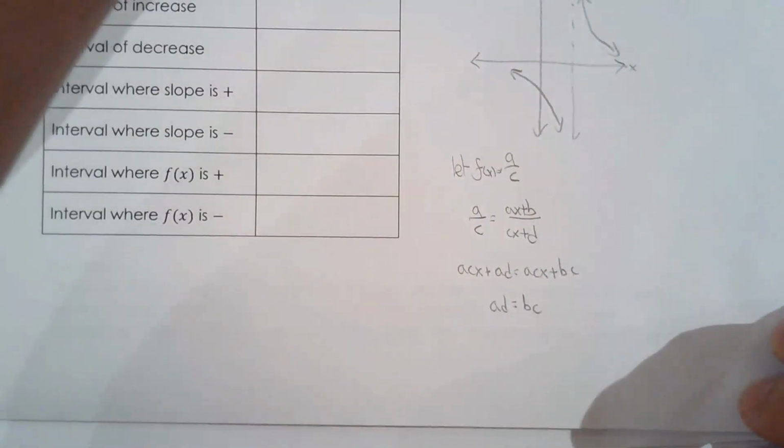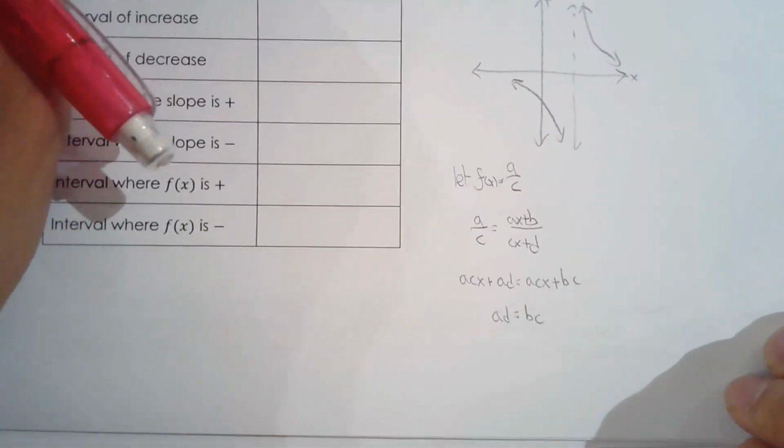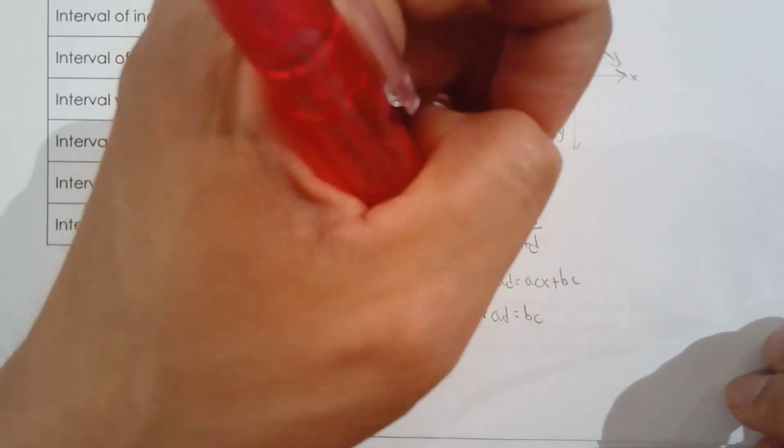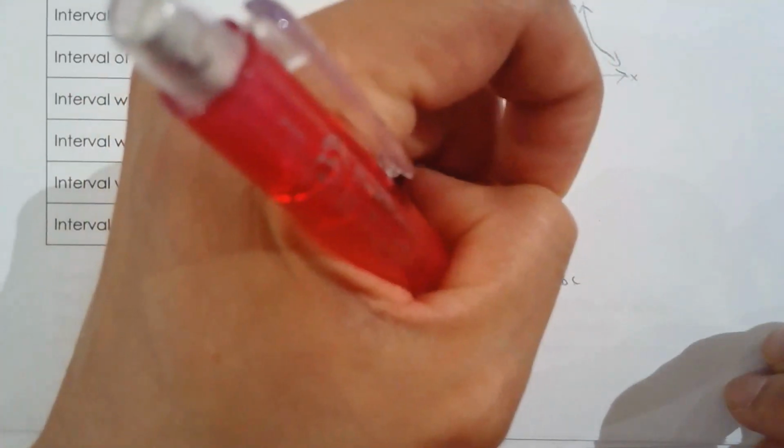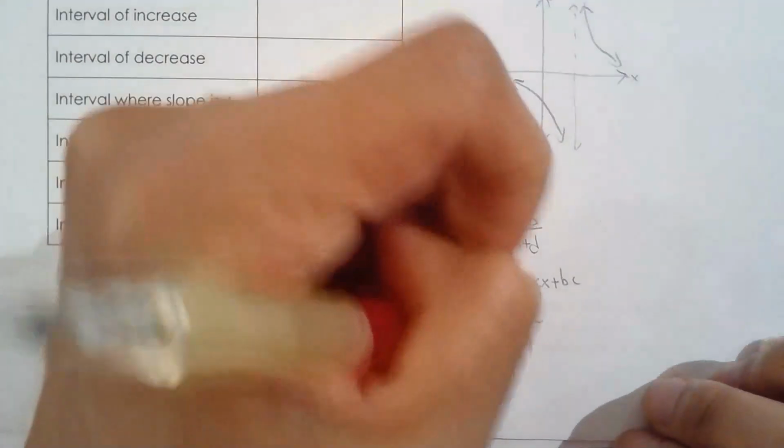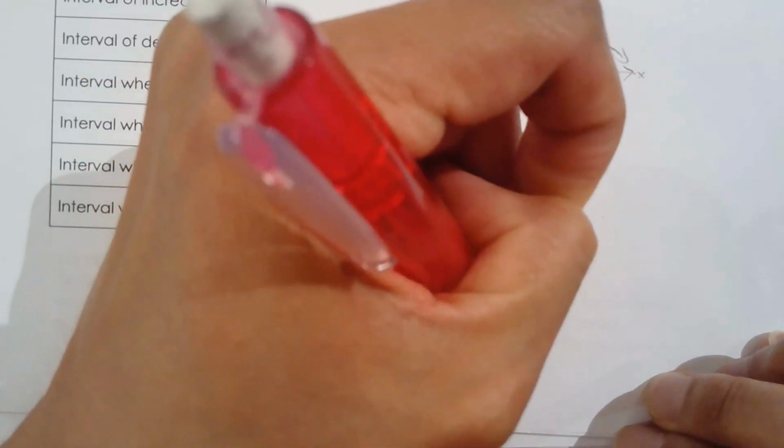So you see the x terms are canceled out. So there is something special to say about it, AD equals BC. But I'll tell you something, if A times D is equal to B times C, then we can say A over B is, oh sorry, let's do B over A. B over A is equal to D over C, okay?